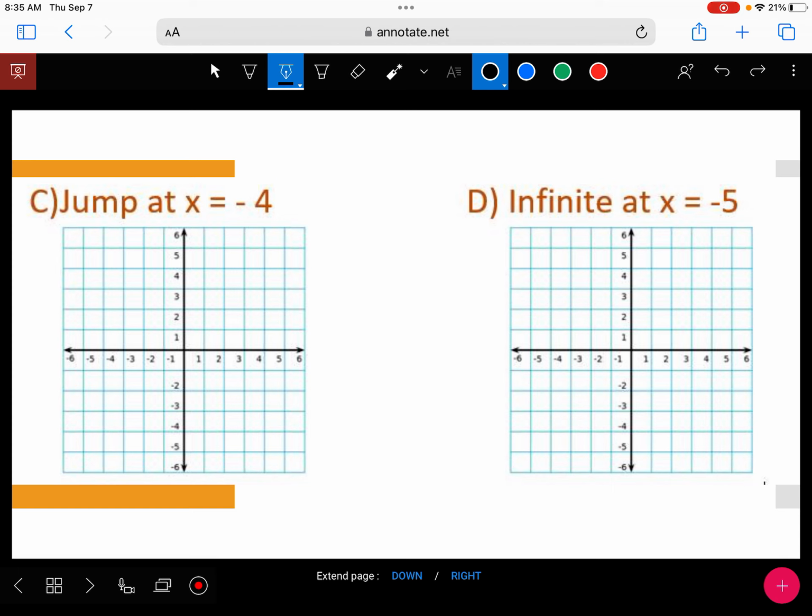Whatever you draw has to pass the function test. So if I can draw a vertical line and it crosses your graph more than once, it is not a function. So for your jump, you need to have something else occur and go to the other direction. You see if I draw a vertical line right here, how it crosses twice. One of these needs to swing to the left. They both can't swing to the right.